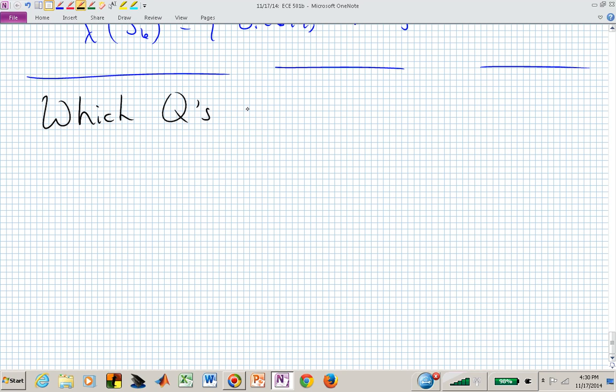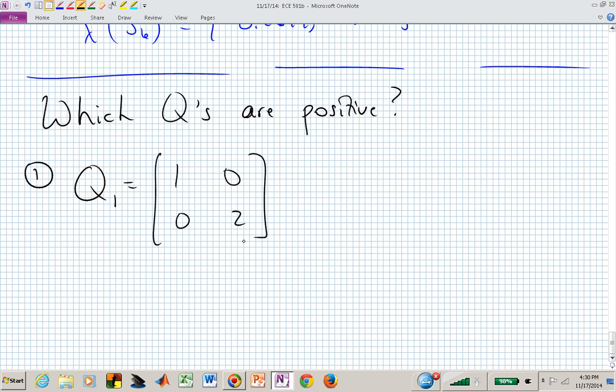Which Q's are positive? Suppose I say here's Q1 and it is 1, 0, 0, 2. That one you should anticipate. But here, Q1, what were the properties of a positive operator? It needed to be self-adjoint, and it had to have a particular non-negative inner product when we took the operator times a vector, inner product with that same vector.